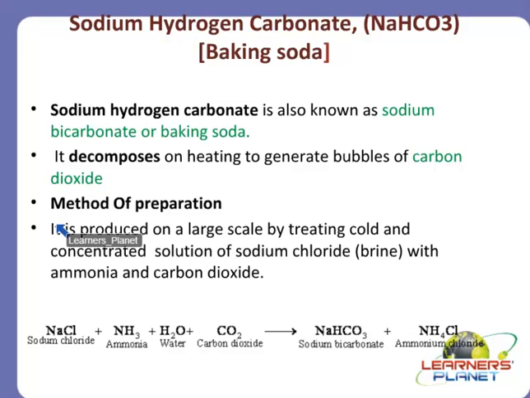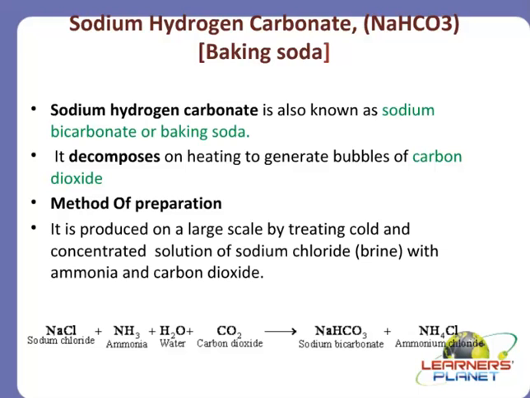So method of preparation. It is produced on large scale by treating cold and concentrated solution of sodium chloride. Again, aqueous sodium chloride is called brine, with ammonia and carbon dioxide, right?